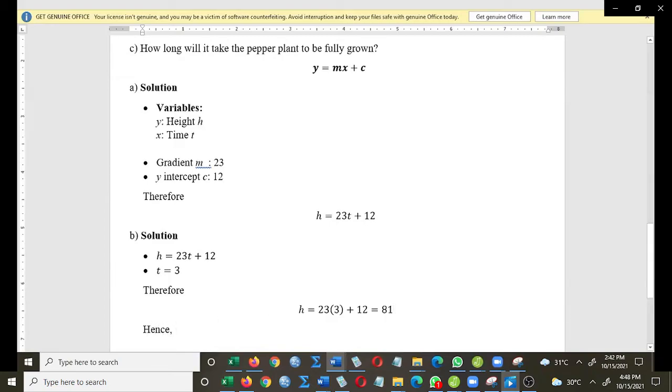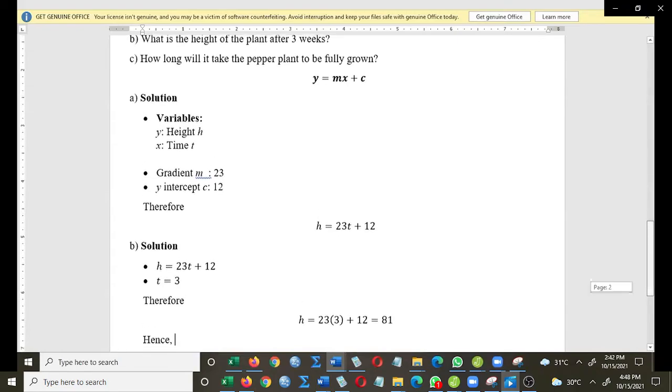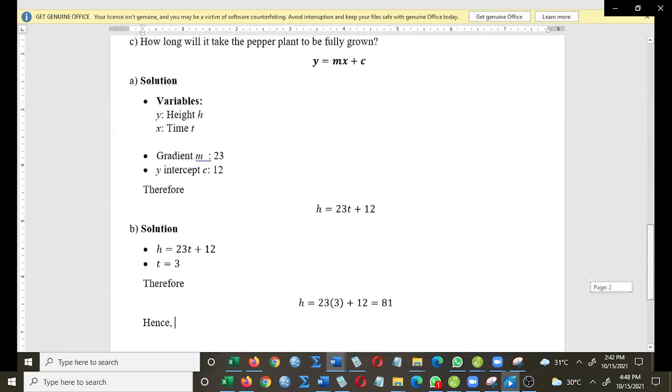Help me complete the sentence. Anybody? The height after 3 weeks, 81 centimeters. The height of the plant at 3 weeks, after 3 weeks.